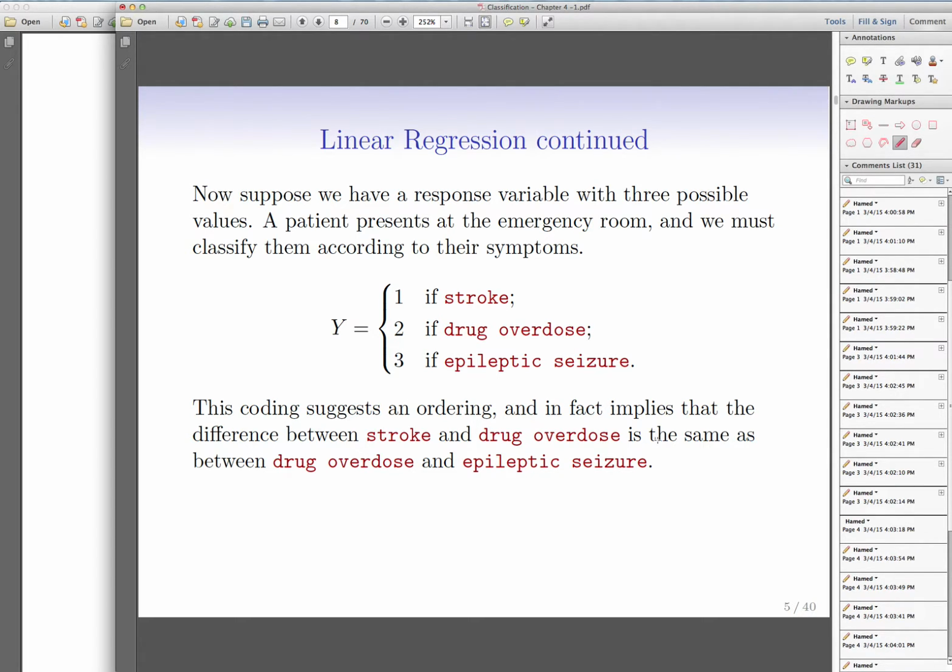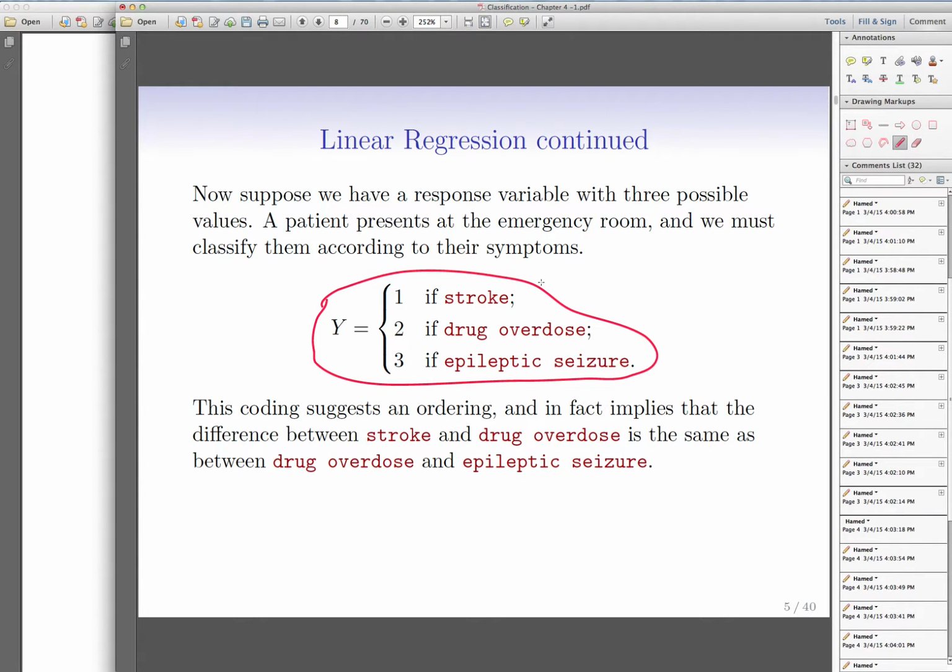Before I go there, we can go even further and have an output that has more than one class. For instance, you would like to see how you can assign different symptoms to different classes of disease.